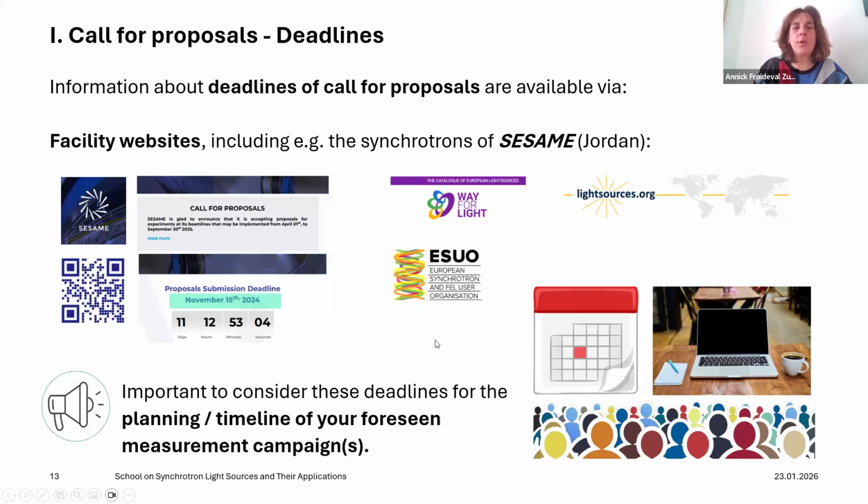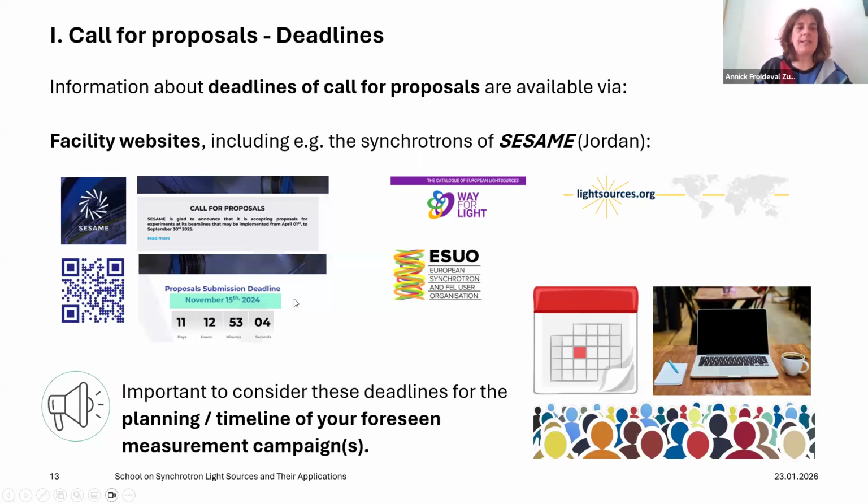You have other tools that you can use if you like. You can go to, as mentioned, the ESUO website or lightsources.org. You also have the Way for Light website that gives you some information about the deadlines, but also about the beamlines that are available and that you can use for your research.